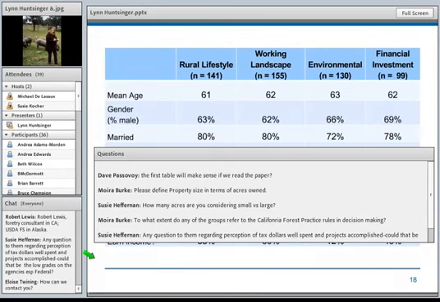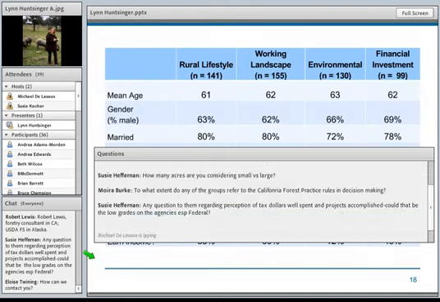Okay. Then we had a question from Susie. Is there any question about perception of tax dollars well spent and projects accomplished? Could that be why they were getting some low grades for the federal agencies and other agencies especially? We didn't ask about that specifically. That would be very interesting.